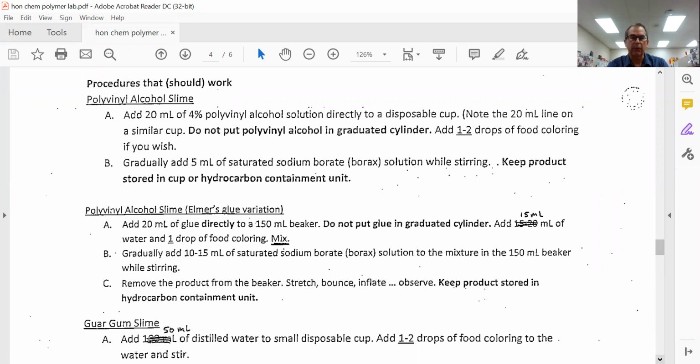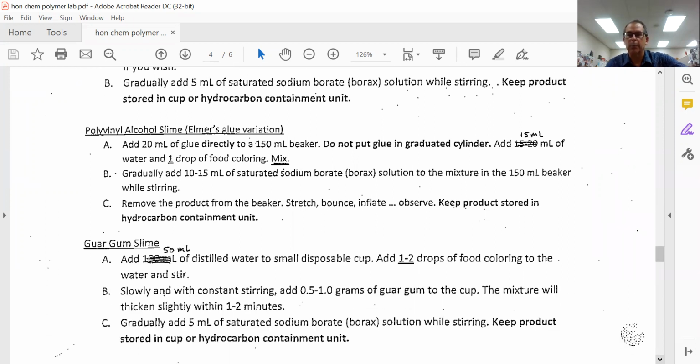And then the third one was a guar gum slime, and that was just a little variation on polyvinyl alcohol, but quite similar. So we got 3 different slimes, with similar properties and a lot of commonalities, but some differences there.